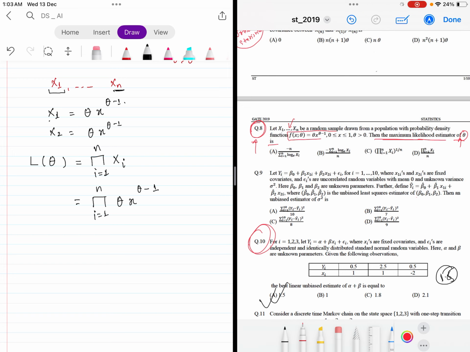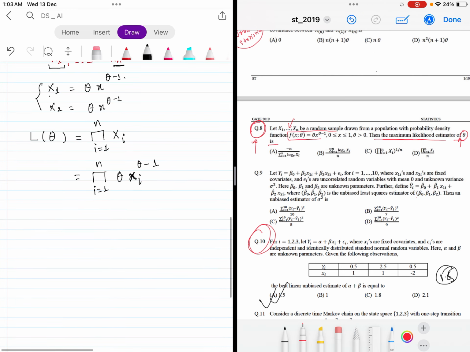It will be x of I because it is the product of the PDF of each sample. So that is your likelihood function.